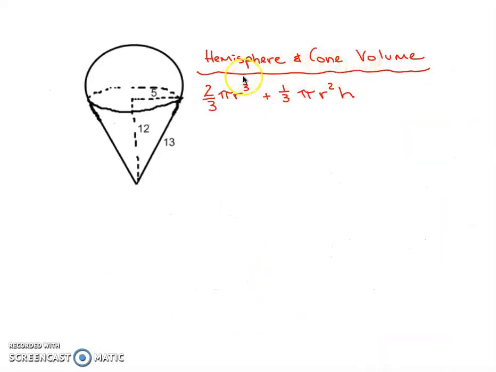For this next example, we have a combination of a hemisphere and a cone, and we want to find volume for that. So here is the formula that we would use for each of those. We'd have 2/3 pi, our radius here is 5, and we're going to cube that, plus 1/3 pi for our cone.